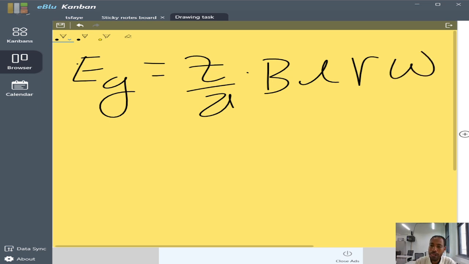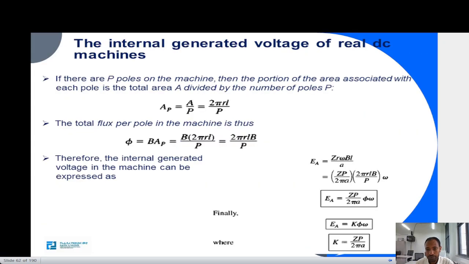So now, from our background knowledge, if there are P poles on our machine, the portion of the area associated with each pole is the total area divided by the number of poles.